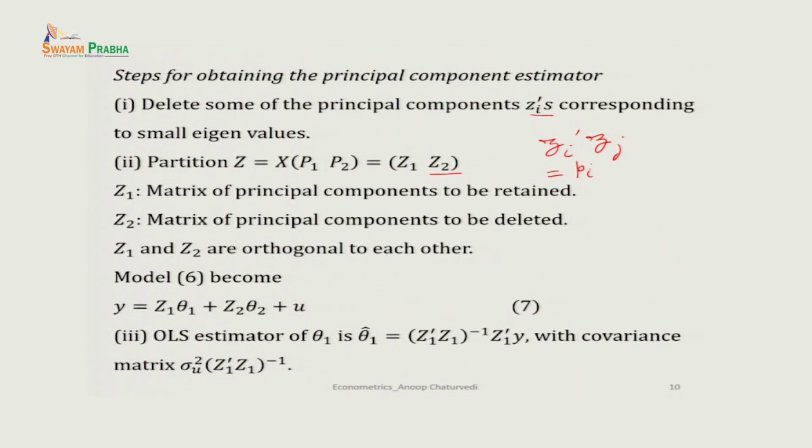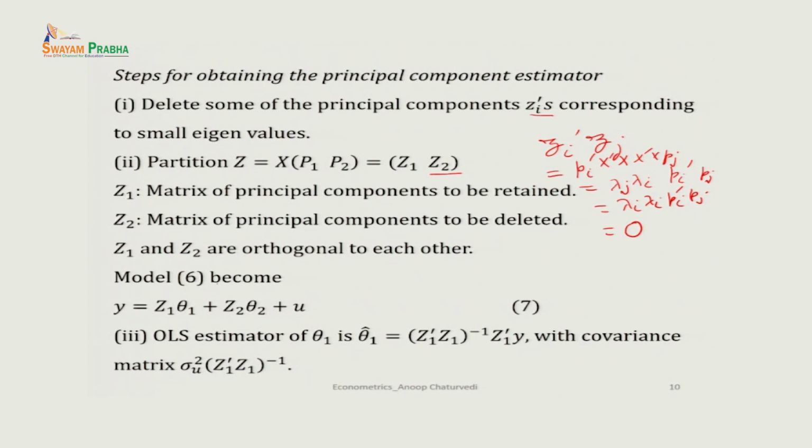So, you get Pi transpose X transpose X, then Zj is X Pj. Then X transpose X Pj is equal to lambda j Pj, and Pi transpose X transpose X is equal to lambda i Pi transpose. So, you get lambda i lambda j Pi transpose Pj, then Pi transpose Pj is equal to 0. So, you get 0. That is why Z1 and Z2 are orthogonal to each other.